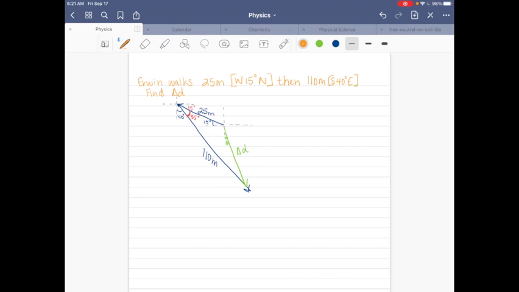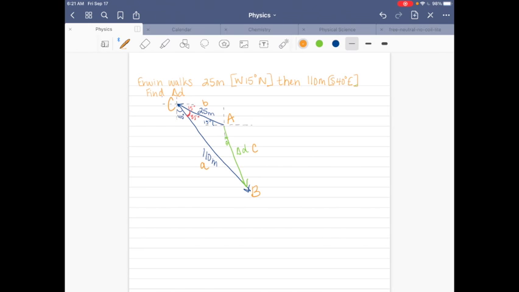I'm going to make this side A, this side C, and this side B. Then the angles: this would be angle A, this would be angle C, and this would be angle B. Again, it's best to try to organize your information.